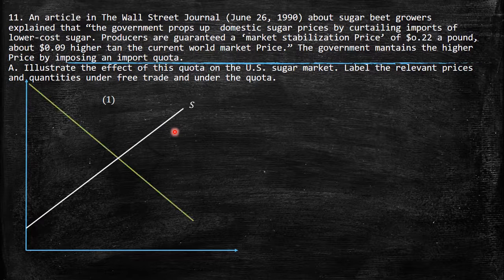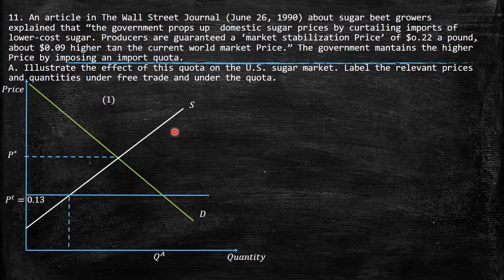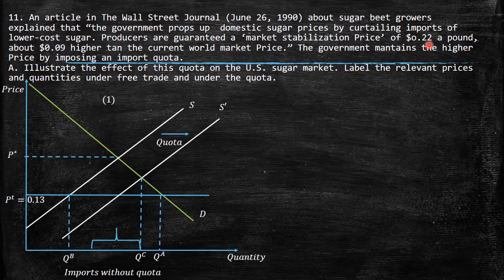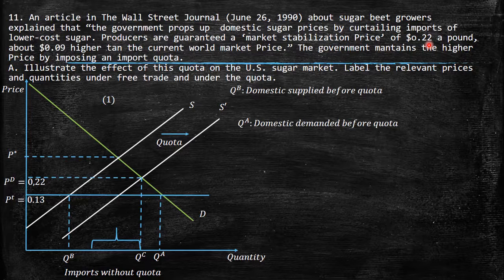So here we have again supply and demand. So this one is P equal to 0.13, because plus 0.09 is going to be 0.22. Okay, so this one is going to be the quota. So you have here the PD now is going to be 0.22.